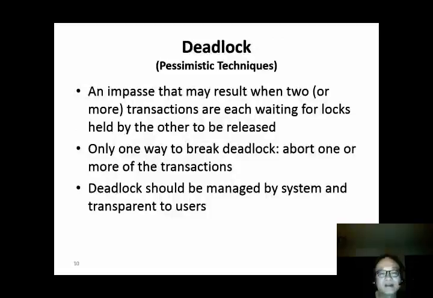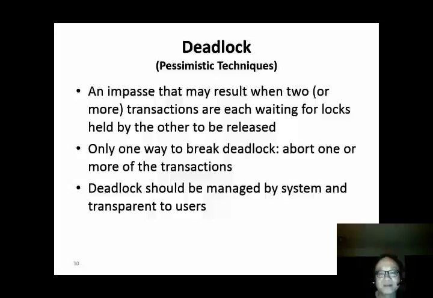Deadlock is an impasse. In a deadlock, transactions are held by other transactions because they are waiting for resources locked by other transactions. In order to resolve a deadlock, the database management systems need to choose a transaction or transactions to terminate.